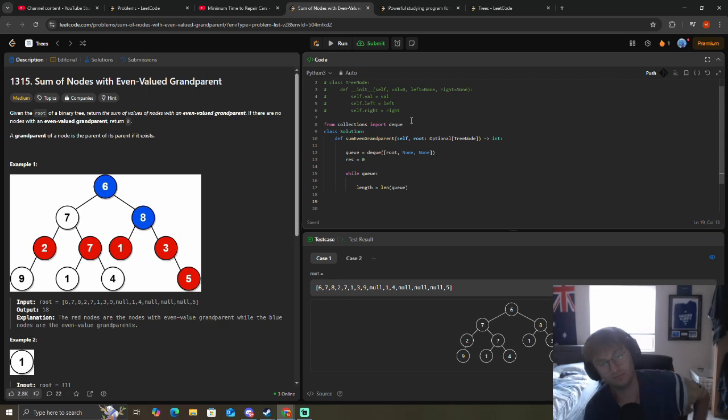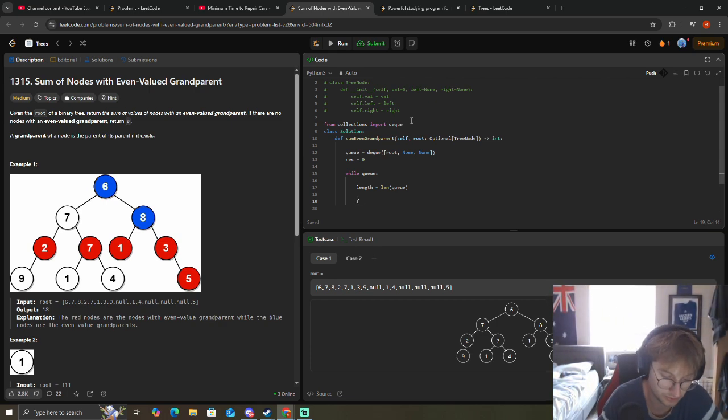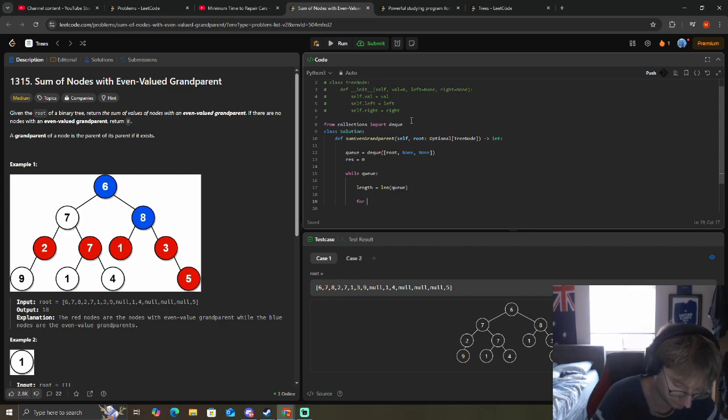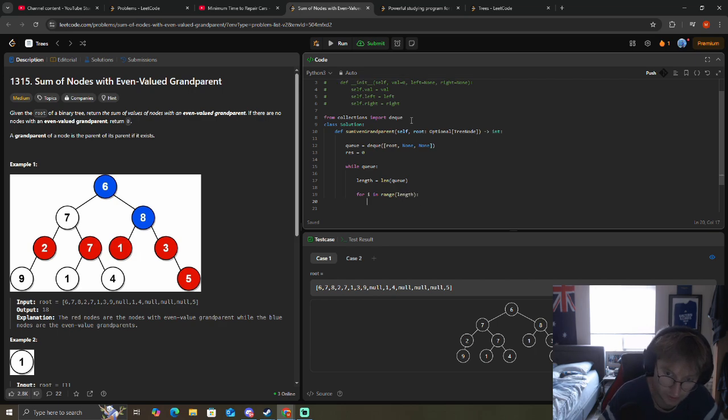And we're gonna do a for loop. So for i in range length, we do q dot pop left.